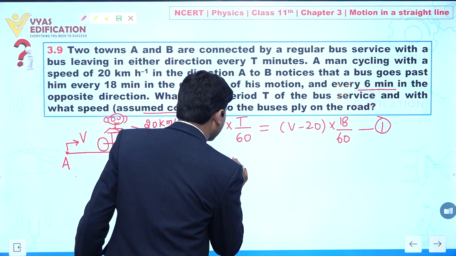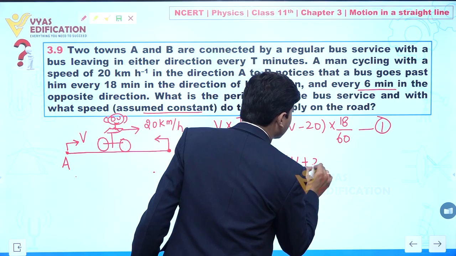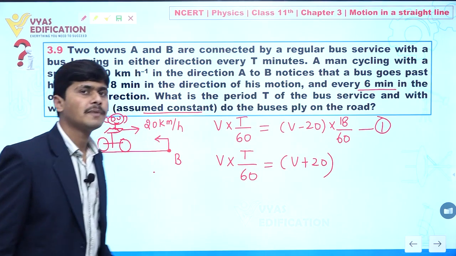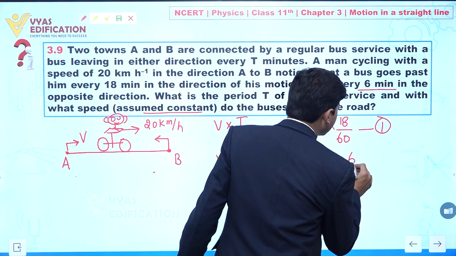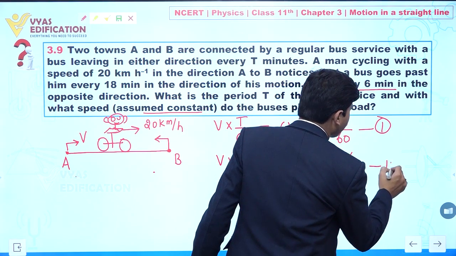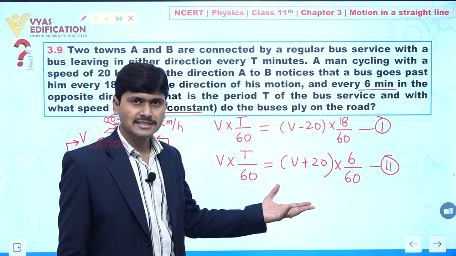So we can write V t by 60 should be equal to V plus 20, the relative velocity of the bus with respect to the cyclist, multiplied by 6 by 60, since it crosses after 6 minutes. Why are we dividing by 60? Because we are converting into hours, yes.